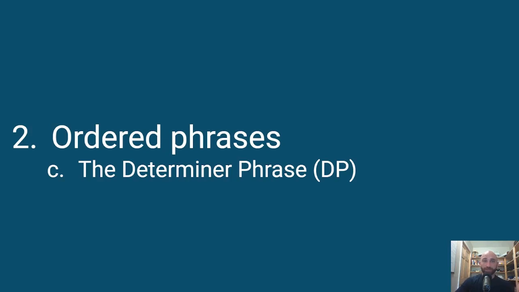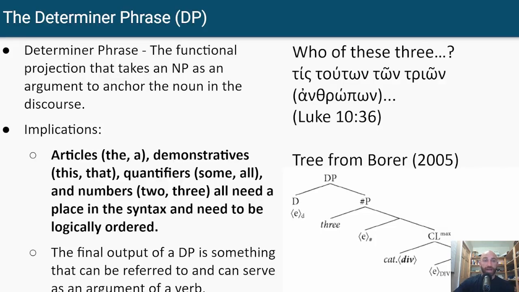So determiners are all about nouns. So the inflectional phrase is all about verbs, whereas the determiner phrase is all about nouns, specifically functional categories that take nouns as arguments. So again, I mentioned this earlier, a boy.